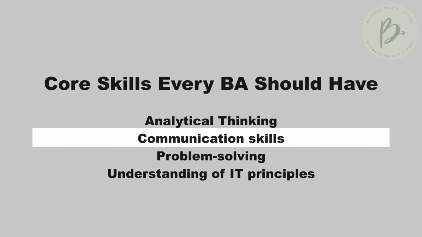Now, the second skill, which is non-negotiable, is your clear communication skills, from eliciting requirements to conveying those requirements to technical teams and key stakeholders. You need to be able to speak to people. You need to be able to manage people's expectations. Now, when I say communication, I'm not only referring to verbal communication, I'm also referring to your written communication.